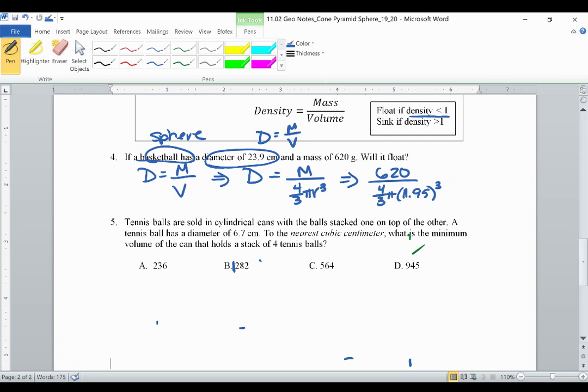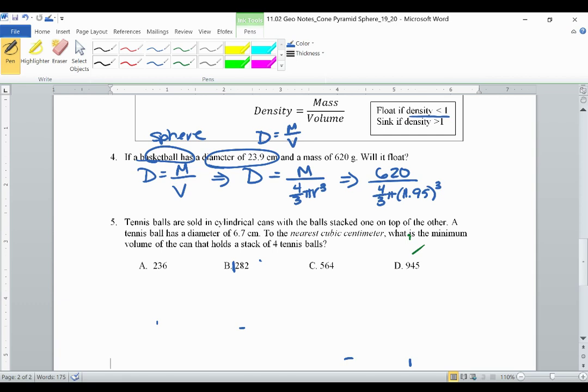cubed. And then type that into your calculator, and you could actually type that whole thing right into your calculator, or if you want to do the bottom first and then do 620 divided by that answer. If you did that, the bottom is 2,275.319833 pi.